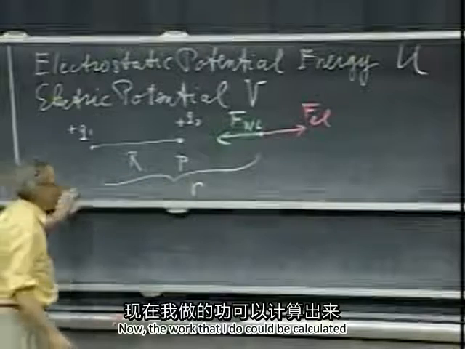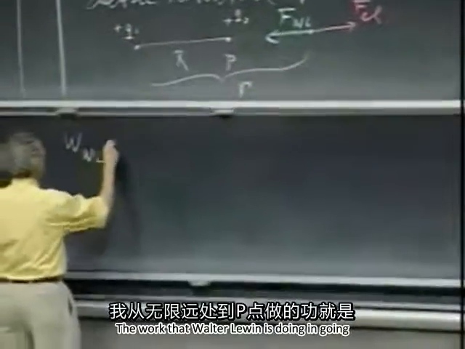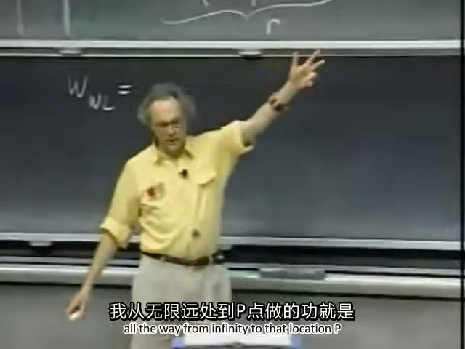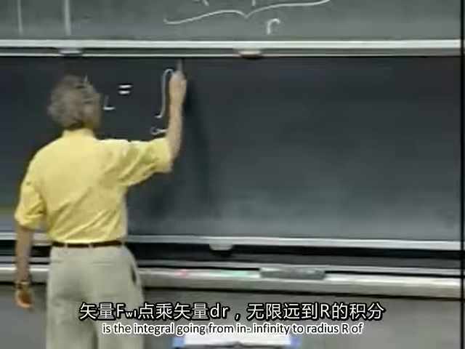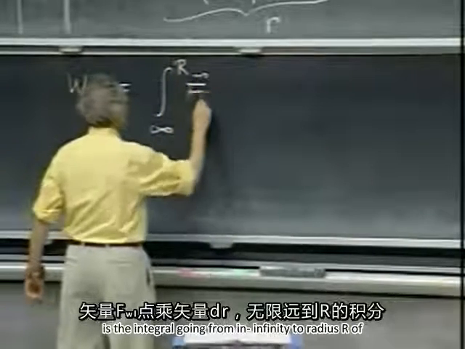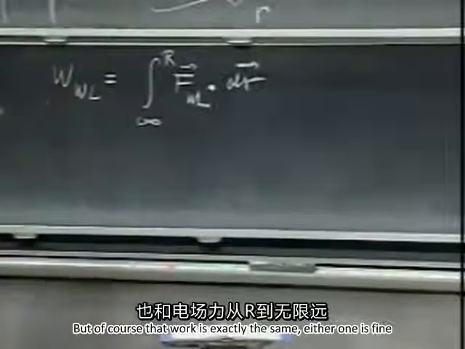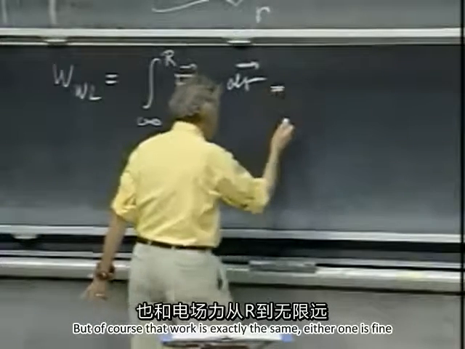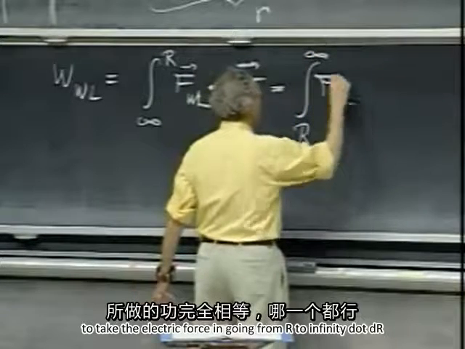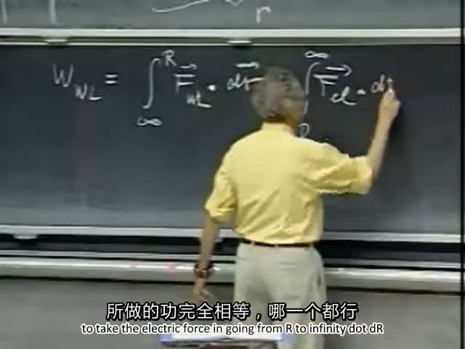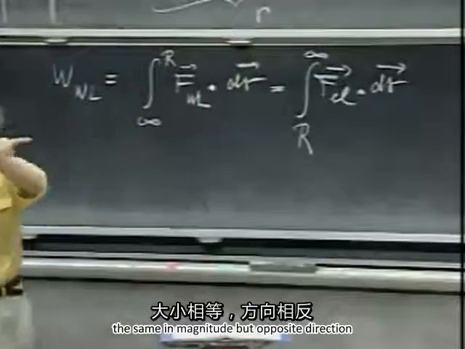Now, the work that I do can be calculated. The work that Walter Lewin is doing in going all the way from infinity to that location P is the integral going from infinity to radius r of the force of Walter Lewin dot dr. But of course, that work is exactly the same, either one is fine, to take the electric force in going from r to infinity dot dr. Because the electric force and Walter Lewin's force are the same in magnitude but opposite direction.